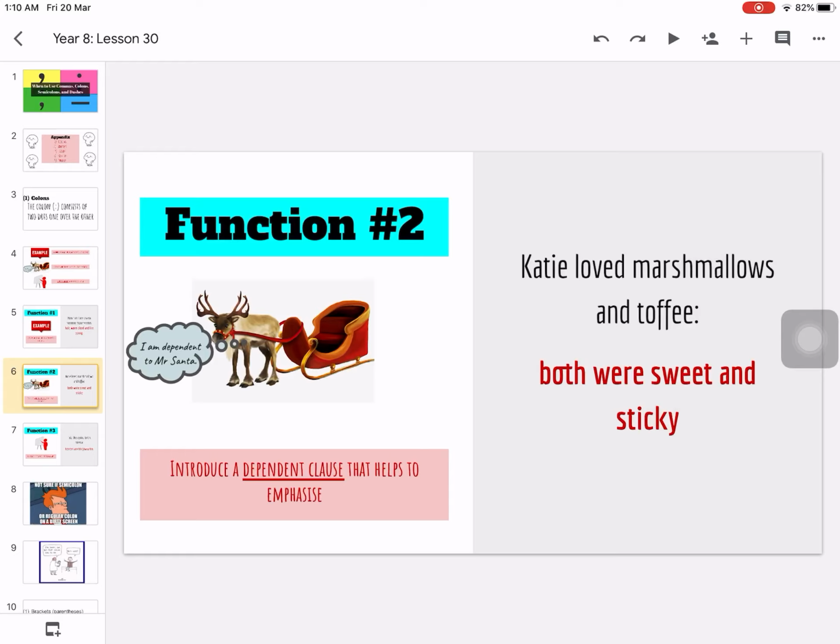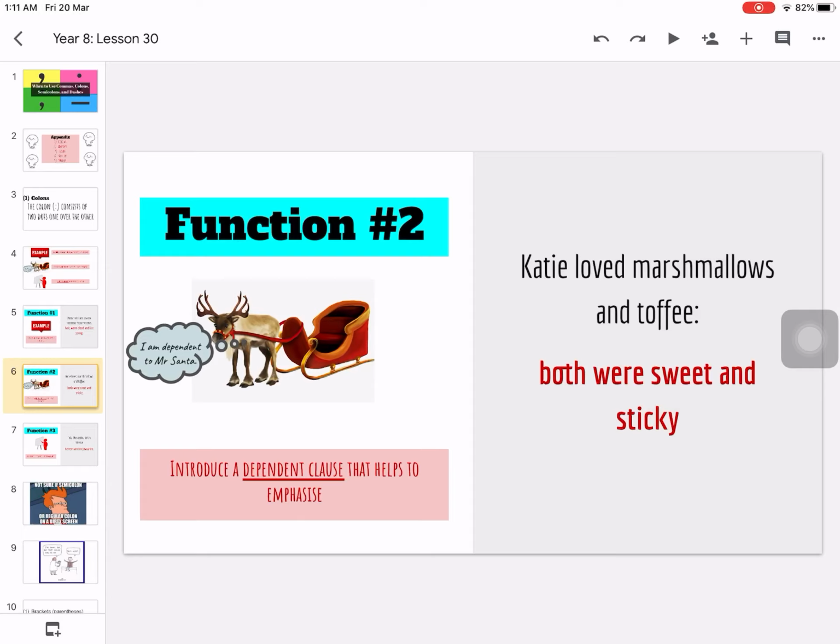But if you want to make it more juicy, you can always add extra information, and that extra information can be a dependent clause. What is a dependent clause again? A dependent clause is a clause that cannot stand by itself. So when you read both words, sweet and sticky, over here, can you even understand it by itself? You need something to back it up, right?